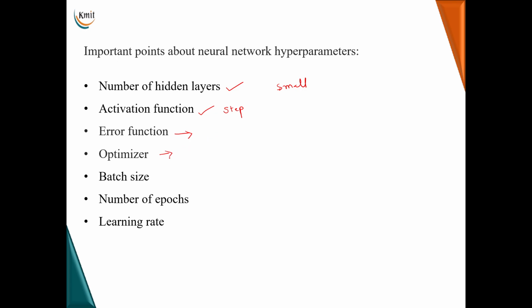Coming to the next hyperparameter, called the optimizer, it will find the optimum weight to reduce the loss function. Batch size is nothing but the number of subsamples which are given to the network. Epochs are nothing but iterations. Learning rate is one of the optimizer parameters that we tune to reduce the error or loss function.